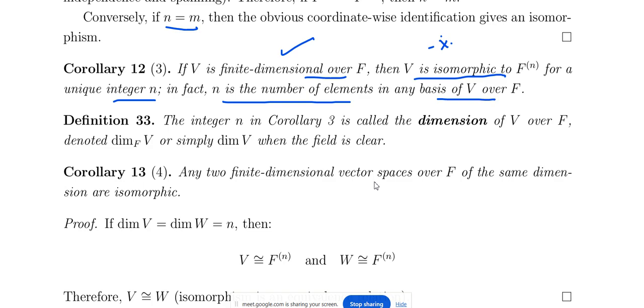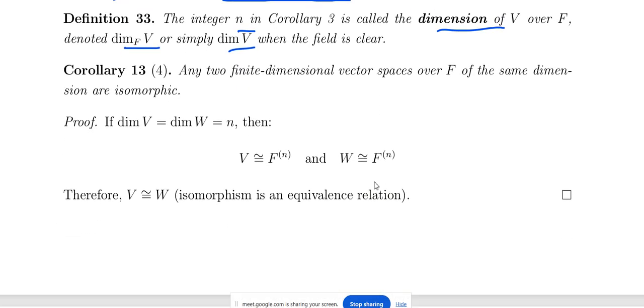This integer n, as in the corollary, is called the dimension of V over F. It is denoted dim V over F, or dim V when the field is clear. If V is isomorphic to F^n, or the basis contains n elements, then the dimension of V is n.